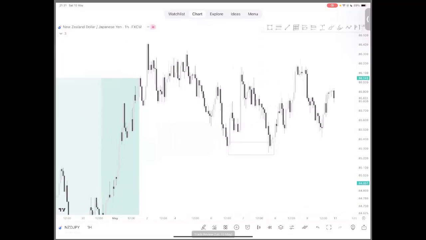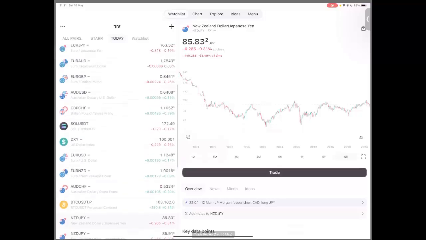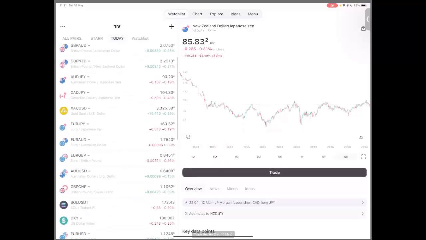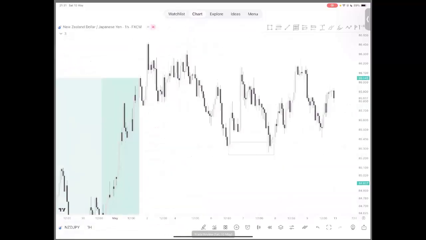This is of course type B, yes, but it's not as good as AUD JPY was, because here you can see that there was no prior mitigation to any level, so it's not a confirmation to any level.